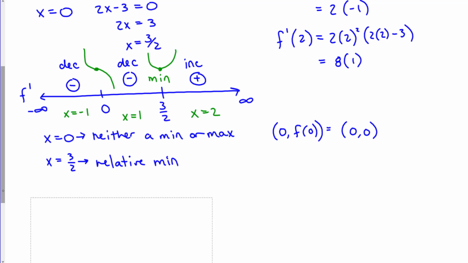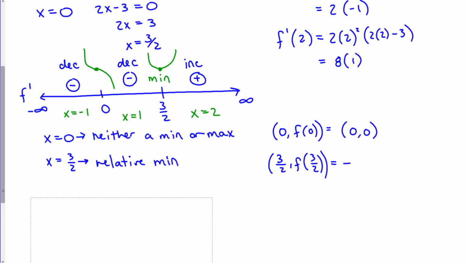And again, if the question is asking in such a way that it wants the coordinate for that particular point, which sometimes it is, then you just need to plug back into the original function to figure out where that coordinate is actually located. In this case, if you plug it into your calculator, you get negative 1.6875.